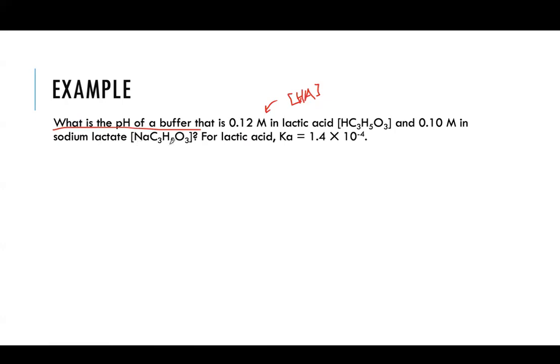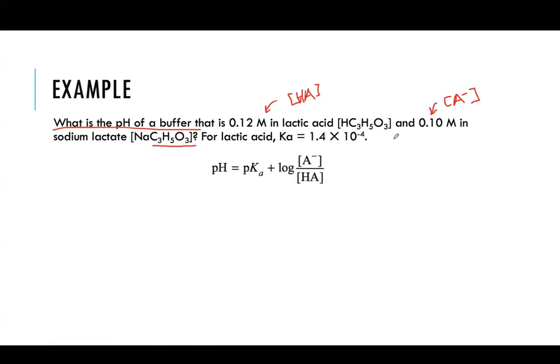So this conjugate base is the ion formed from this sodium lactate salt. So my A minus concentration is 0.10 molar. If you're still paying attention at this moment, send Mr. Chen an email detailing what is the conjugate base and how did we determine the concentration of the conjugate base.